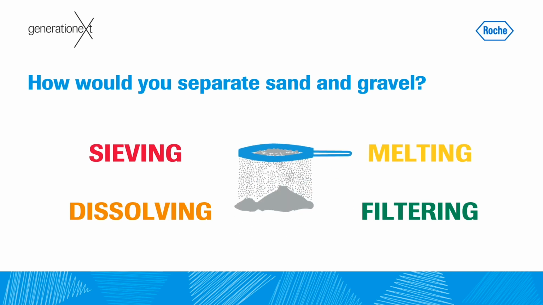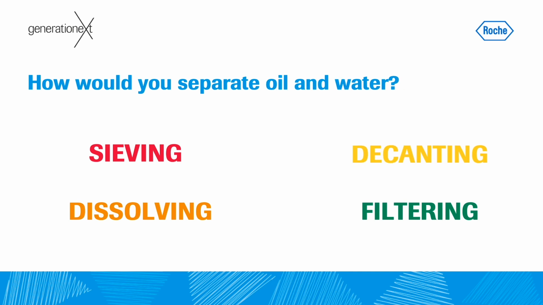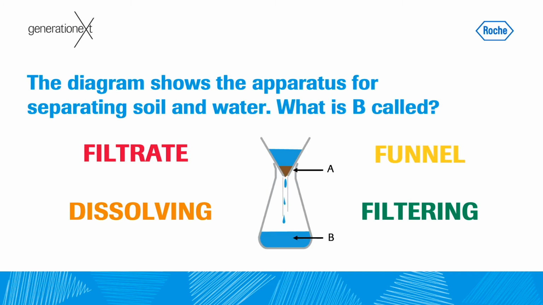You got it, it's sieving. How could we separate oil and water? That's right, it's decanting. Let's try a harder one.